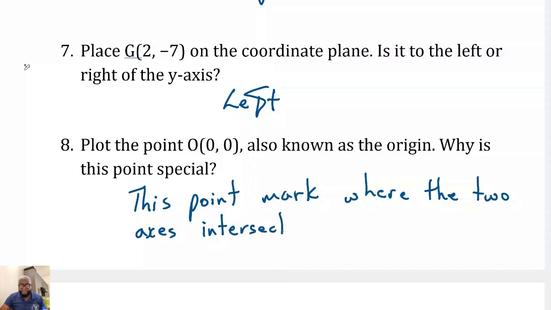Intersect being a key word here, right? It indicates where the two axes intersect, right? Bob, you good there? All right.